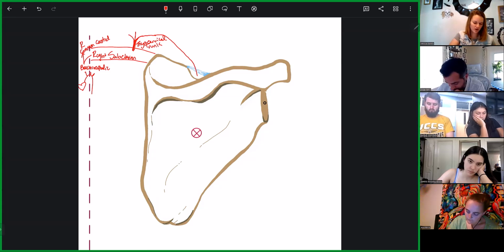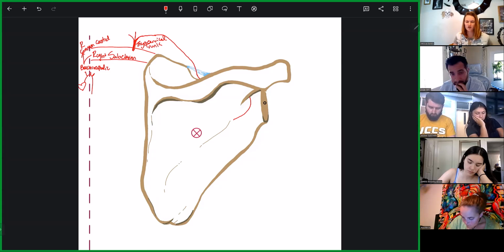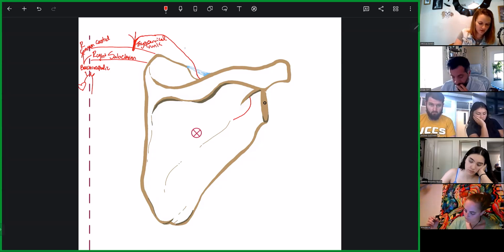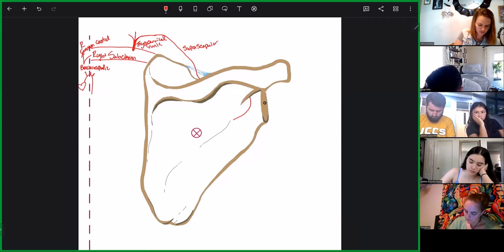So if this is going over, and I'm drawing this on the top, goes over that ligament, comes underneath and around that little notch near the glenoid. This is called my suprascapular artery.